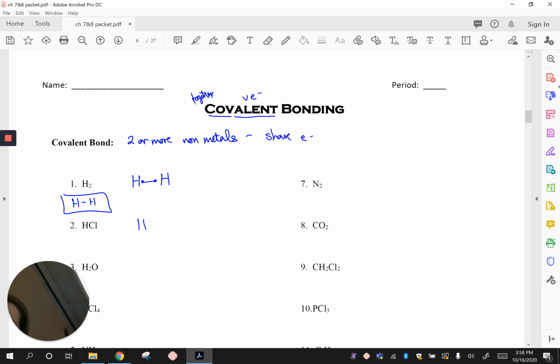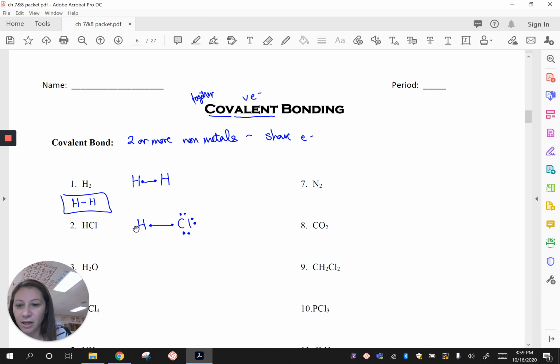Let's try HCl. So we have hydrogen and chlorine. Hydrogen has 1 valence electron, chlorine has 7. So 3, 4, 5, 6, 7. Notice that I left my single electron on this side because I know it's going to bond, but no problem if you put it in a different spot. You can always erase it and move it around. So connect your pair of atoms and then count.